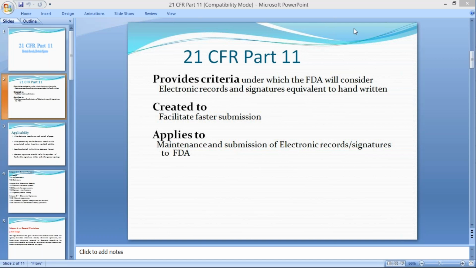It applies to maintenance and submission of electronic records and signatures.